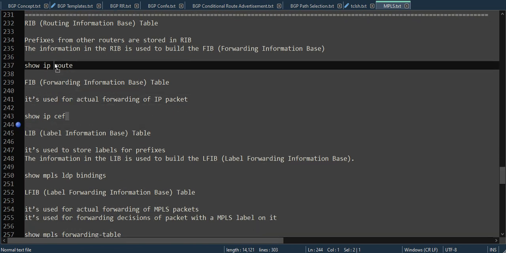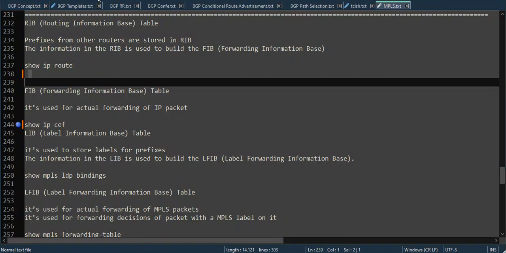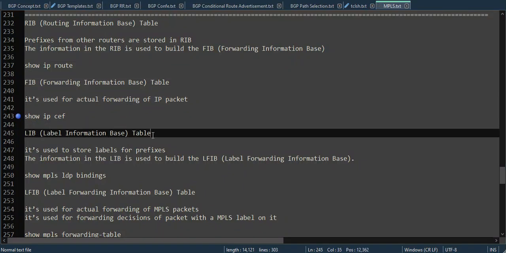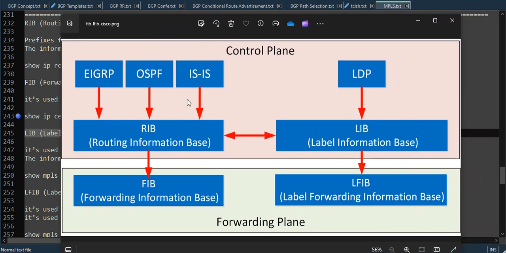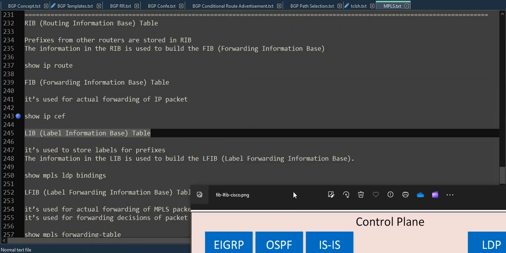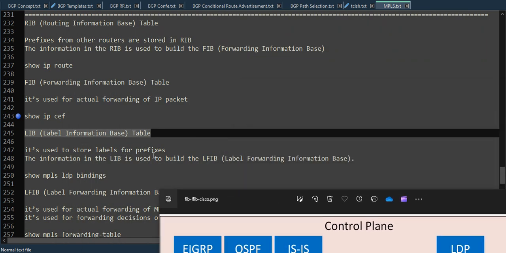These are our routing tables, and this is our MPLS table, LDP. We have LIB and LFIB for our MPLS tables. The LIB is used to store labels for our prefixes.